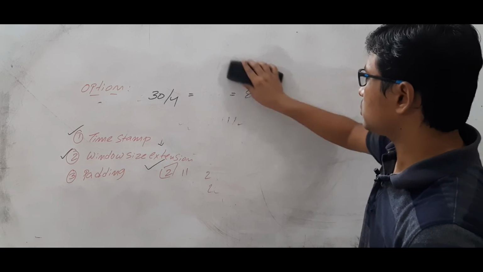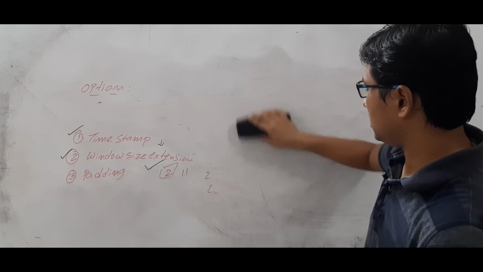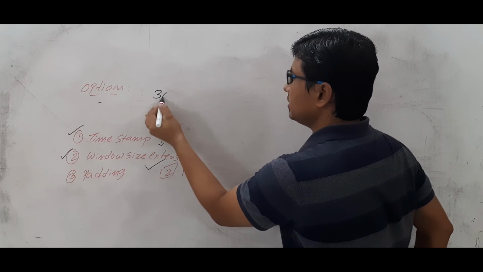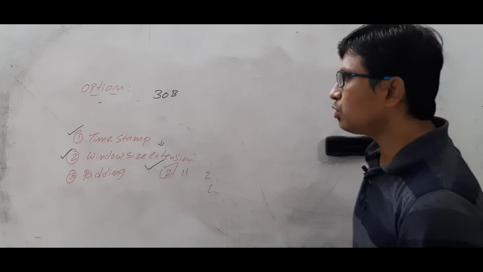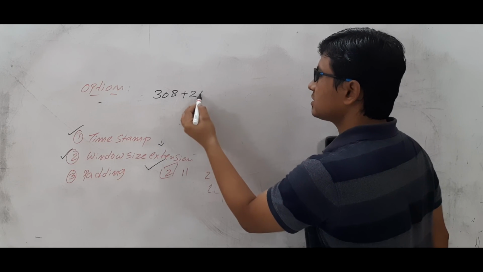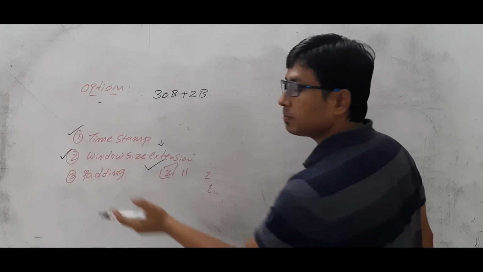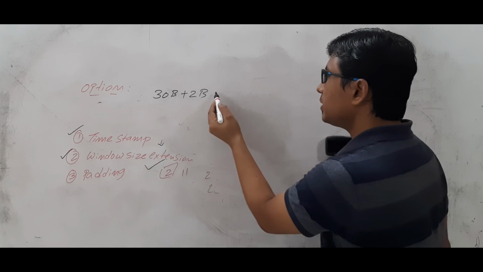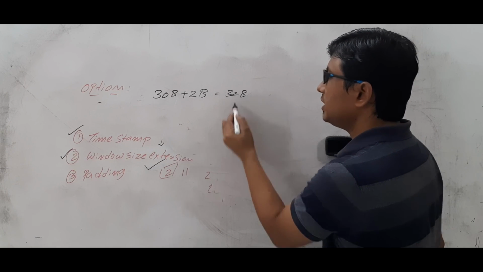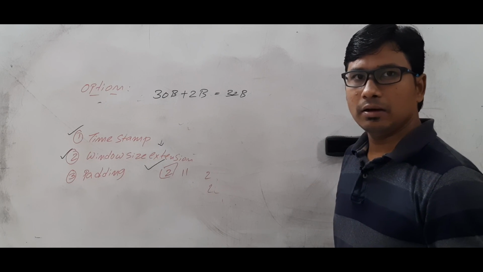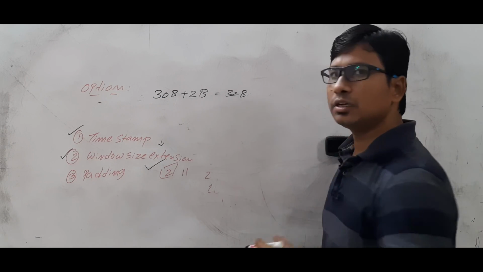The actual solution is this: for these 30 bytes, I will take 2 bytes as padding bits. I'll keep all zeros, and that value I will keep in the options, so it becomes 32 bytes. That means the actual header size is 30, but I need to make it divisible by 4.